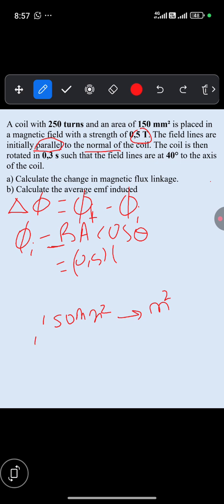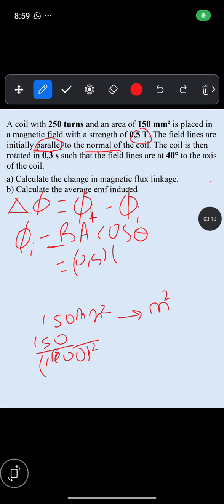To convert millimeters to meters, you divide by 1000. And because it is millimeters squared and we want meters squared, then we square the 1000. So the area will be 1.5 times 10 to the power negative 4 meters squared.